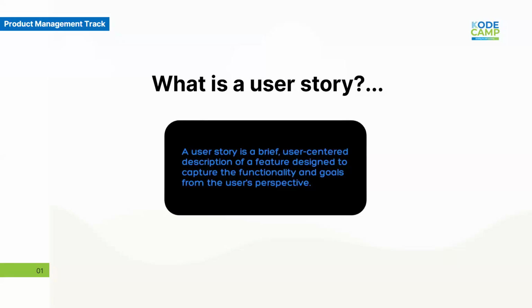Now, let's start with the basics, right? What is a user story? A user story is simply a way to describe a product feature or task from the point of view of the person who's actually going to use it, right? So you're not looking at it from the developer's point of view, not the stakeholder's point of view, but from the user's point of view.